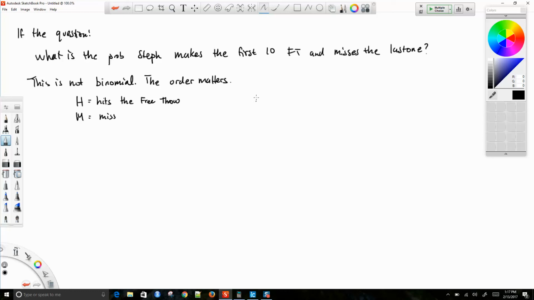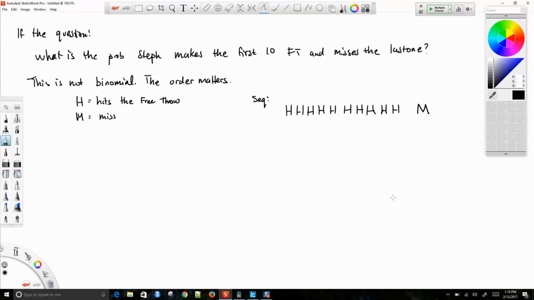Then the sequence has to be 10 H's and then a miss. Okay, this is the only sequence that satisfies this question. Whereas if the order did not matter, then there's a bunch of other sequences that would satisfy just making 10 free throws. Okay, so how would we answer this? We know how to answer this question. What do we do?